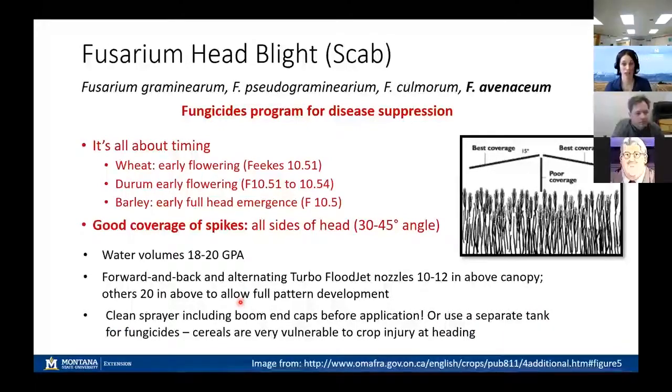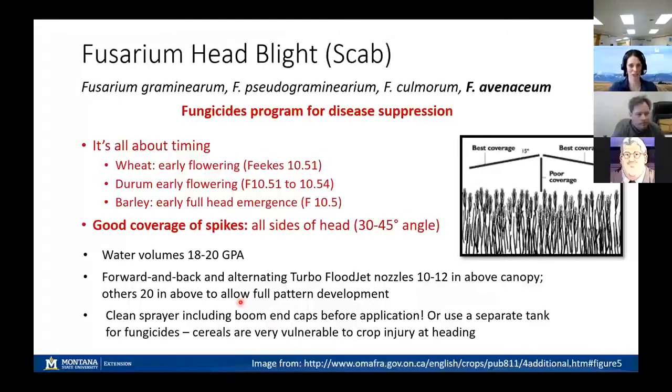Another really important thing is to achieve a good coverage of all your spikes. You don't want to just hit your canopy flat from above. You want to have your spray booms at an angle to make sure that you get both sides of your head sprayed and covered with fungicide, because good coverage is key.